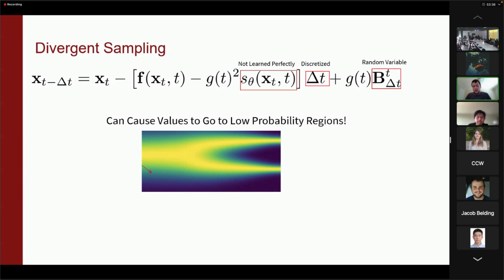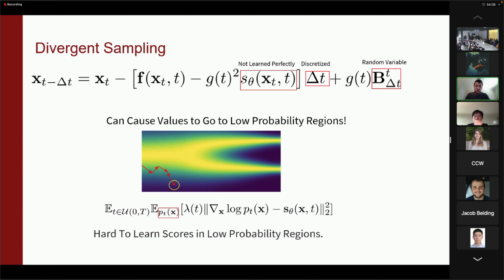Essentially what happens is that as you try to follow and reverse the sampling procedure, sometimes the trajectories will go to low probability regions where the score function is not going to be learned very well, and then this might take you into very weird parts of the data space where you don't have good information about how you should change your samples to go towards high probability regions, and the whole sampling procedure can diverge, generating really low quality samples.